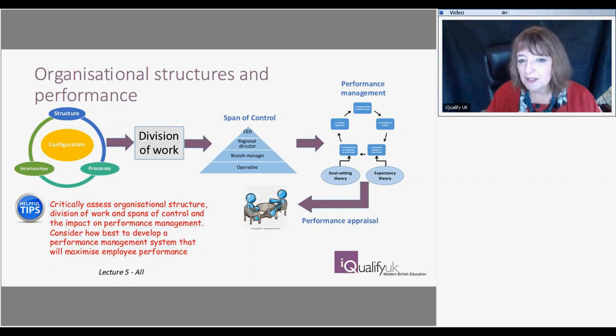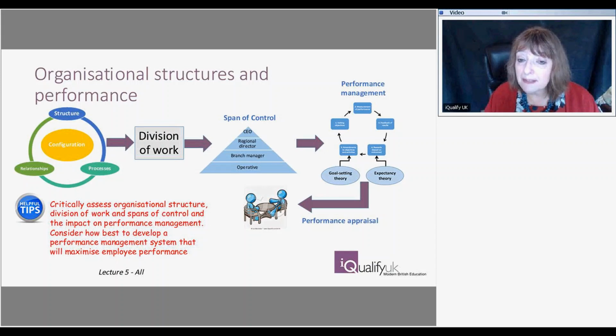Which brings us to the next point, which is how does the company make a good job of performance management? And you'll recall we looked at 2 theories to support that. One was goal setting theory, so a bit like the Porter and Lawler, we set a particular goal and work towards achieving that.